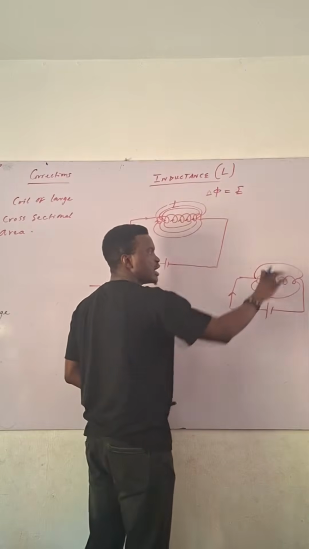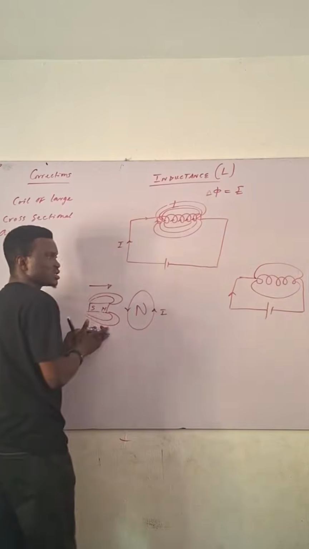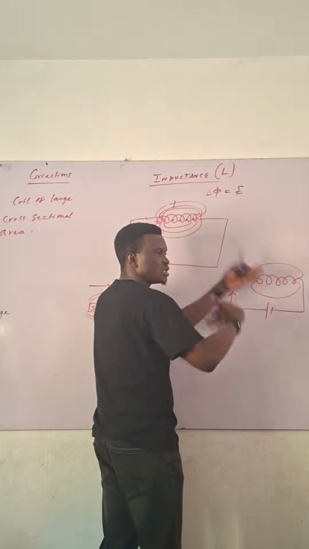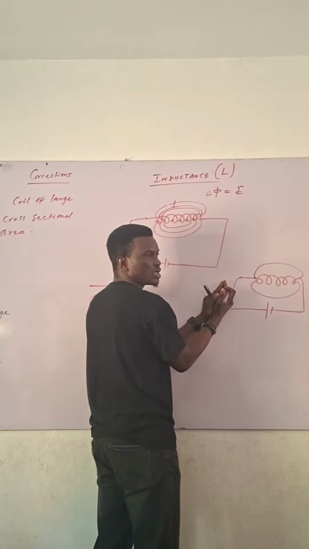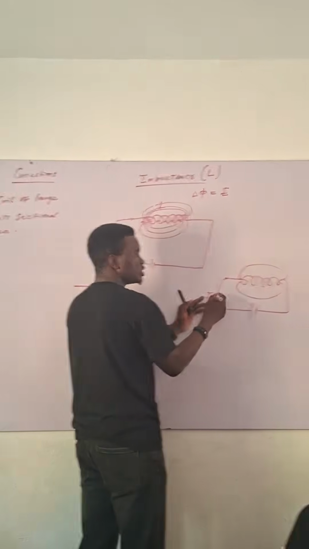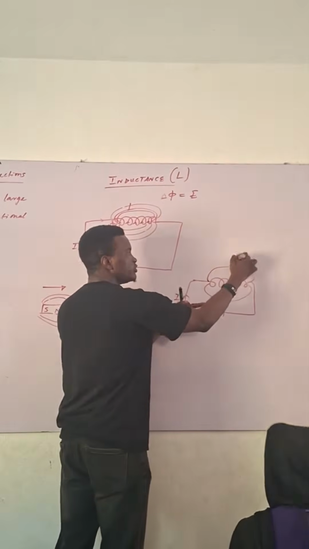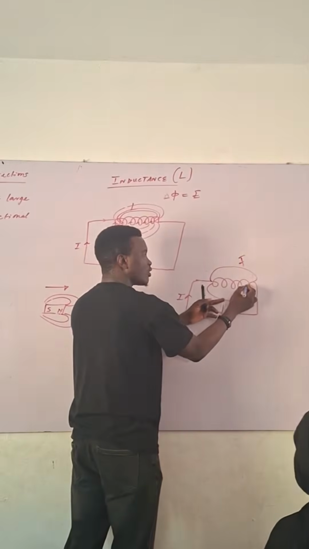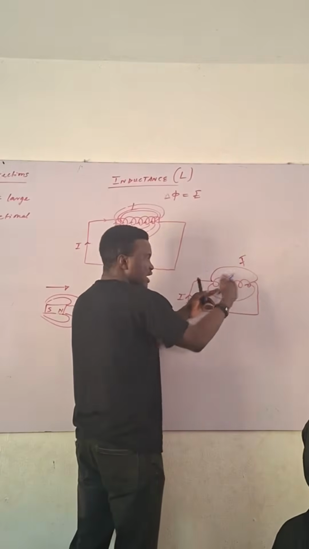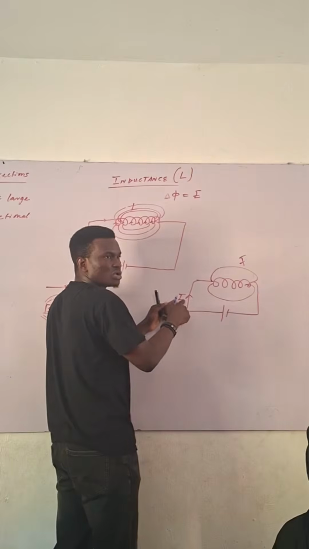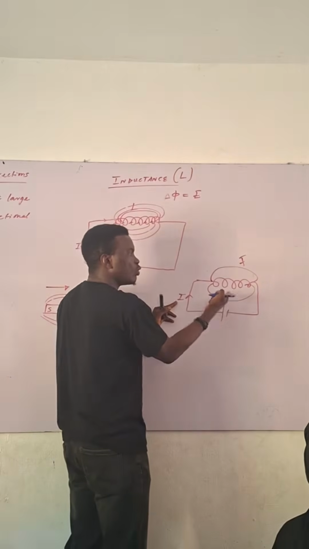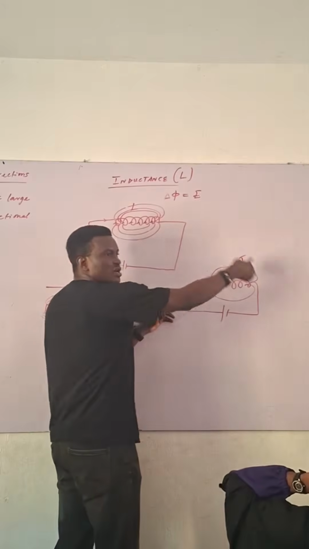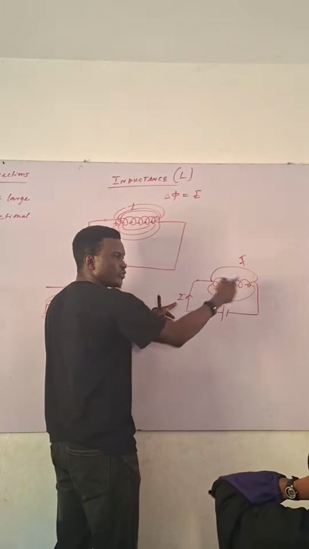By the time you generate the magnetic field, what did Faraday say? As the field keeps changing, this place will generate current. Forget this current now. What did this current do? It generated the field. What is the field now doing? It's generating another current, and that current opposes this one, because the current generated as a result of this field wants to stop what is generating it, that field.